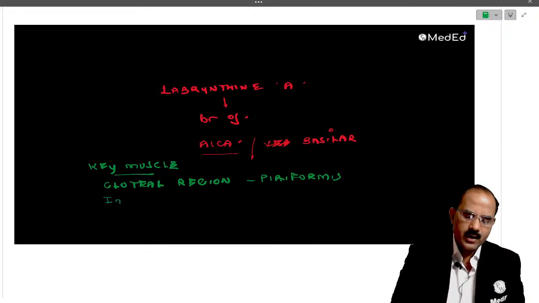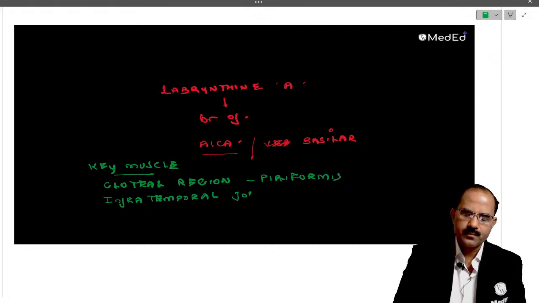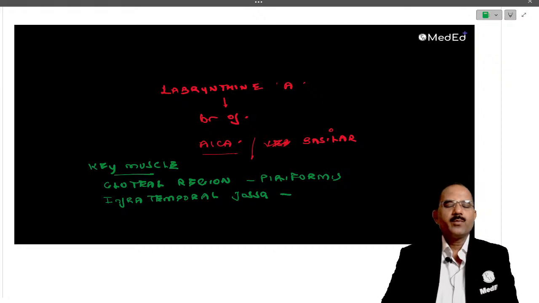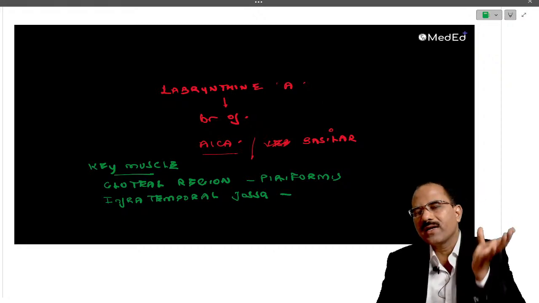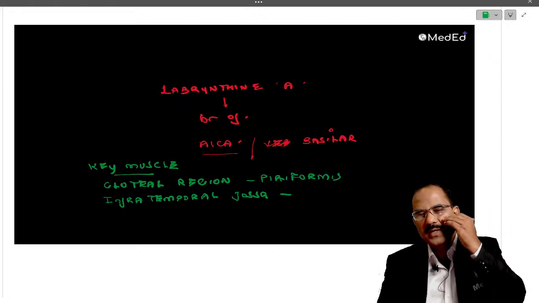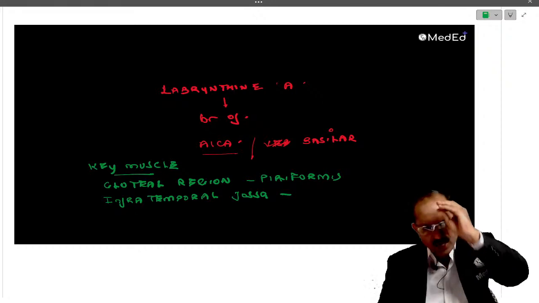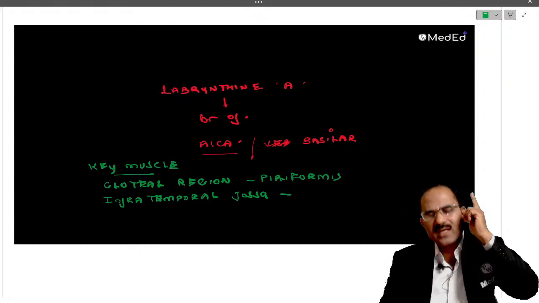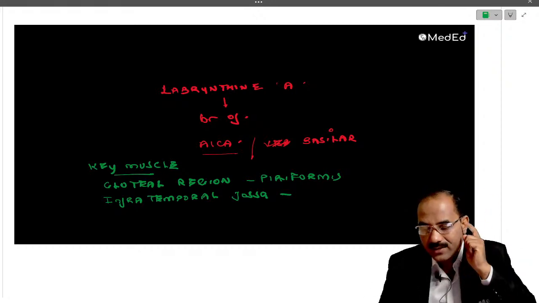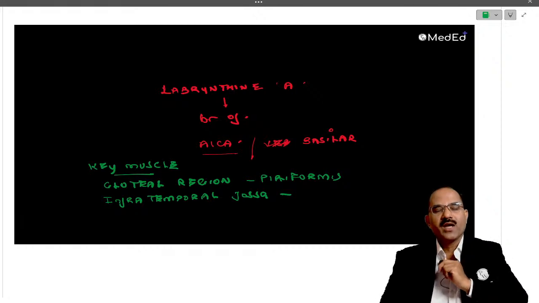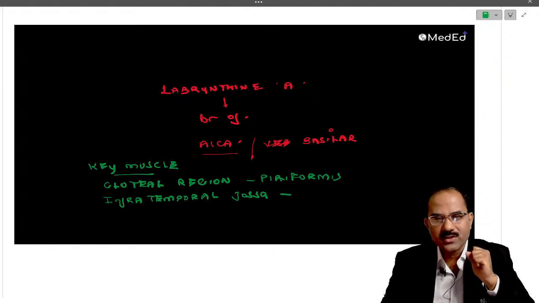Key muscle of the infratemporal fossa. Any guesses? The moment you remove the mandible, that area is the infratemporal fossa. If I get a muscle here, I get everything in this area: the lingual nerve, the inferior alveolar nerve, the branches of the mandibular nerve.